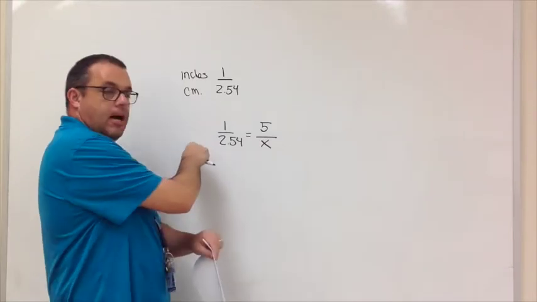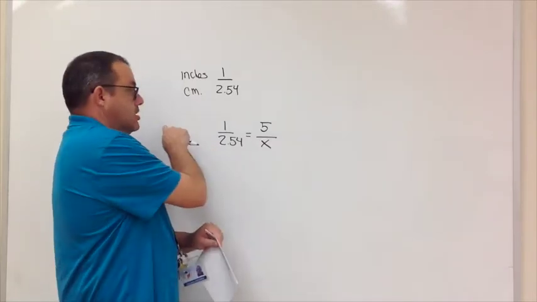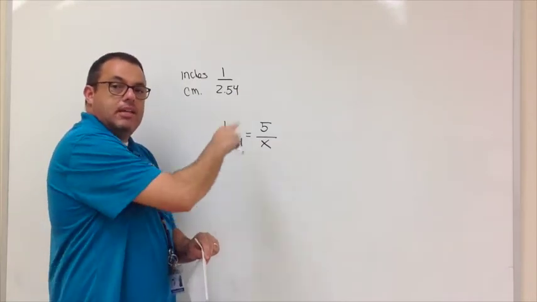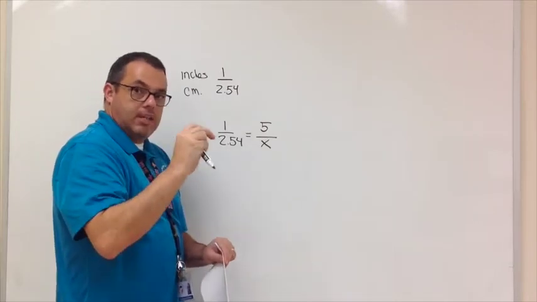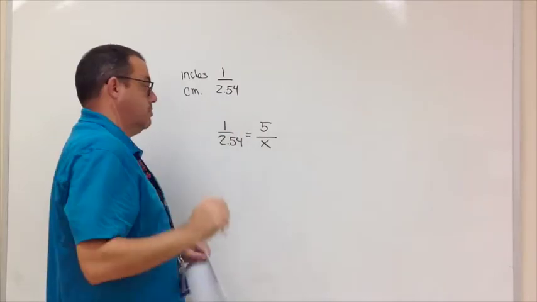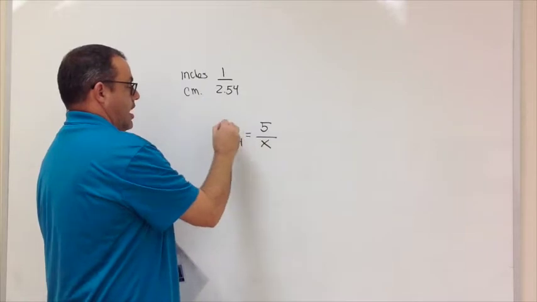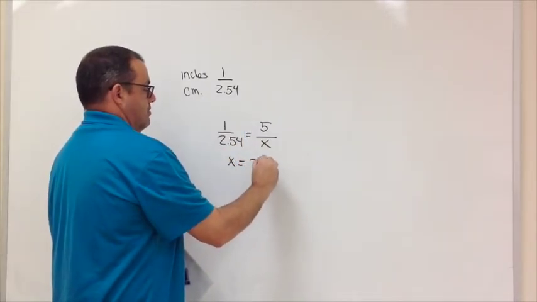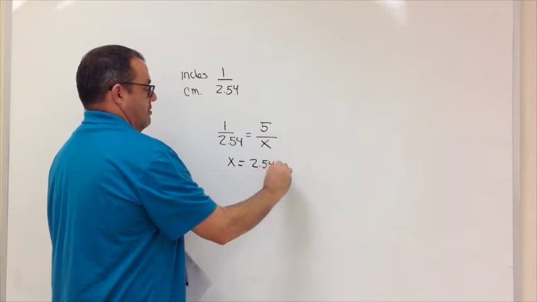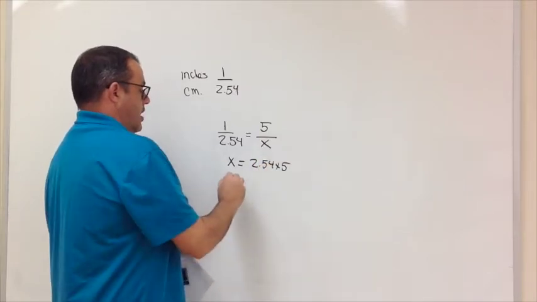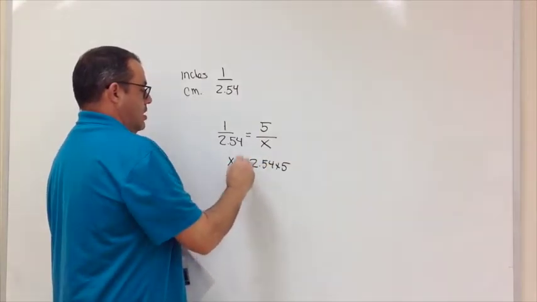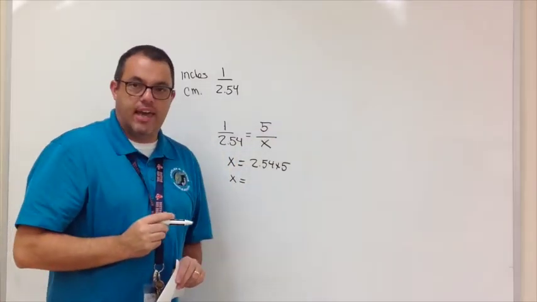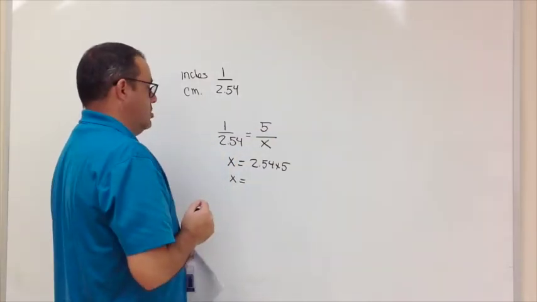So again, on the bottom I have my centimeters, on the top I have my inches. Now I can do this several ways. One way I can do is cross multiplication. X equals 2.54 times 5, and that would be how many centimeters I have in 5 inches.